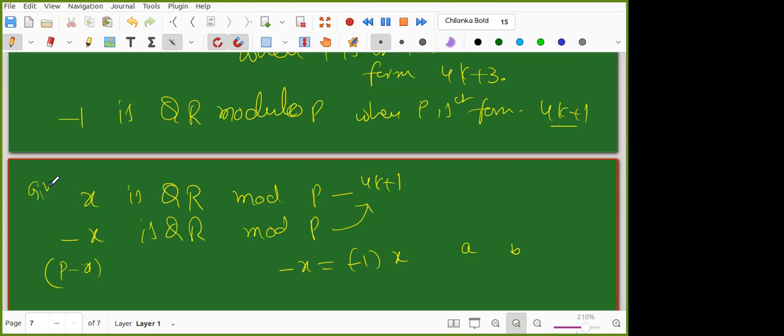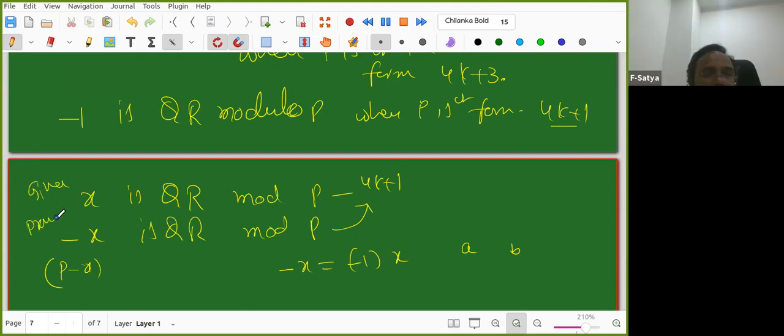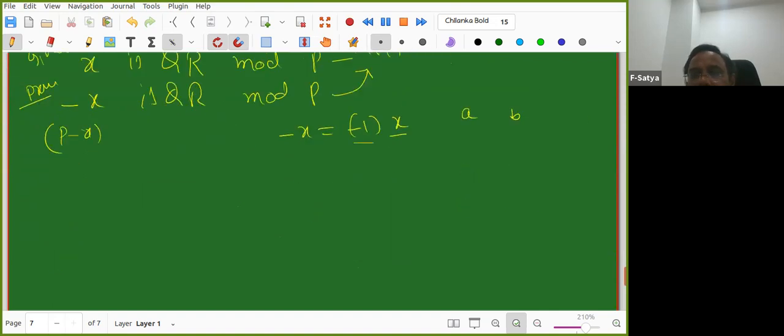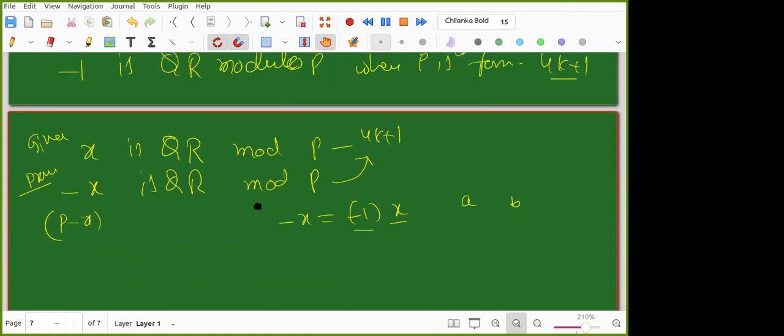This we need to prove. We saw that minus 1 is a quadratic residue modulo p when p is of the form 4k plus 1. In that case, x is a quadratic residue, minus 1 is a quadratic residue, then minus x, that is minus 1 into x, is also a quadratic residue. That's why only half of them are sufficient to find here. Okay, good. Is it clear, Vishal? Yes, sir, it's clear.